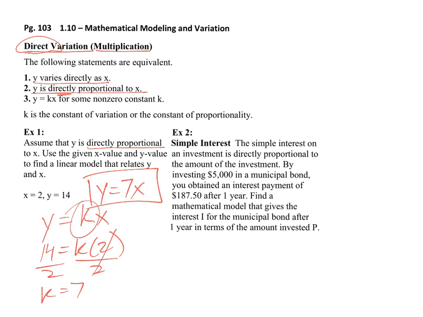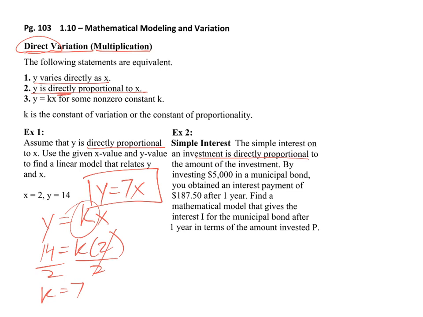Example 2, simple interest. All right, so they tell you the interest is directly proportional to the amount of the investment. You've invested $5,000, and you obtain $187.50.